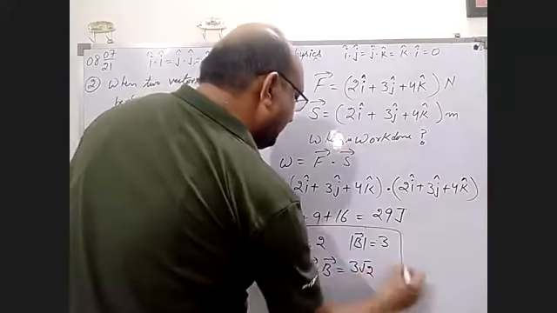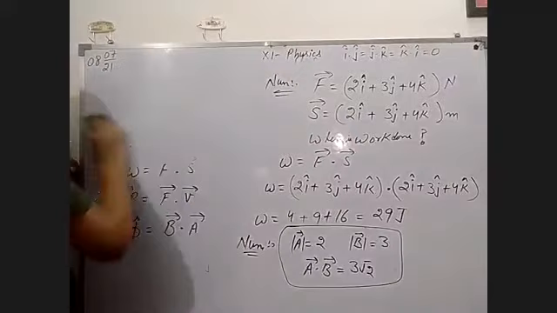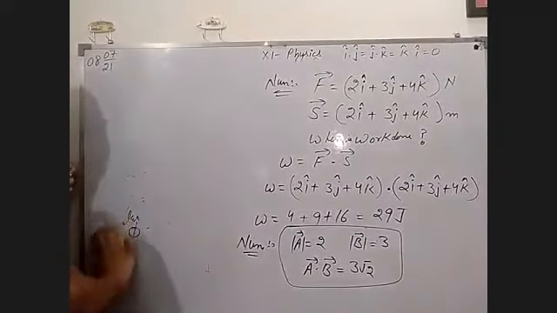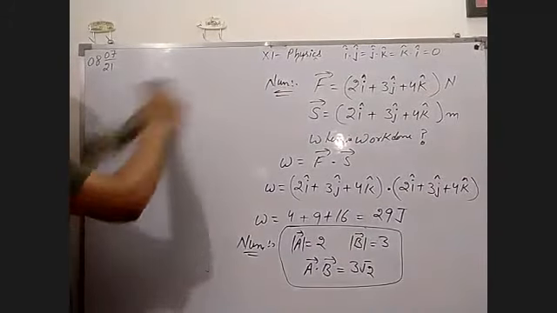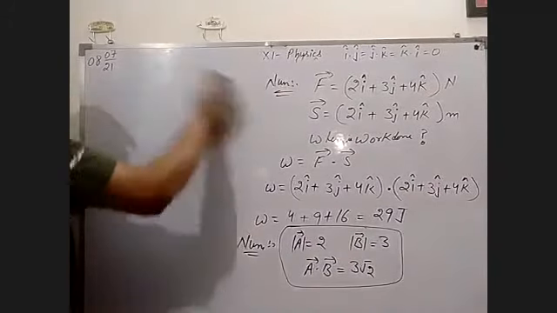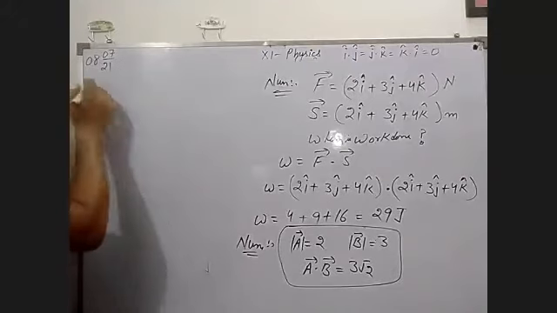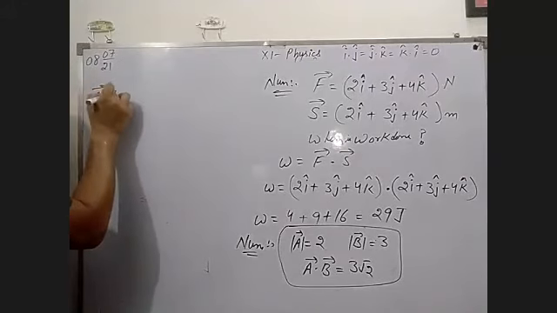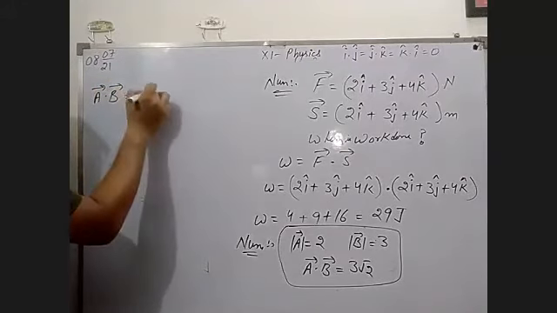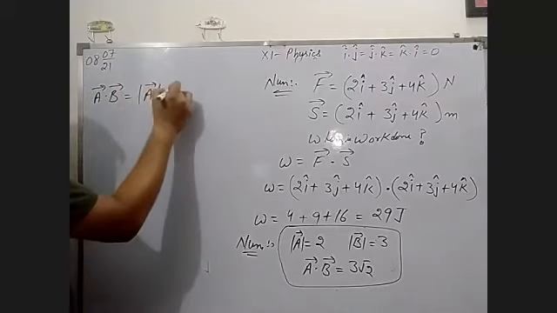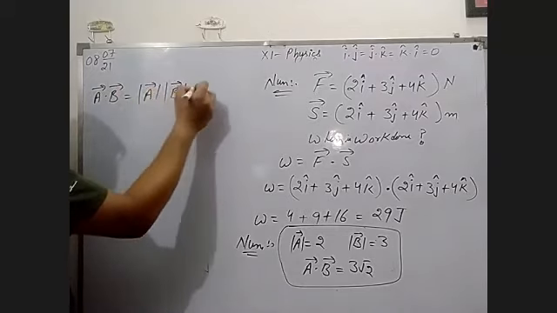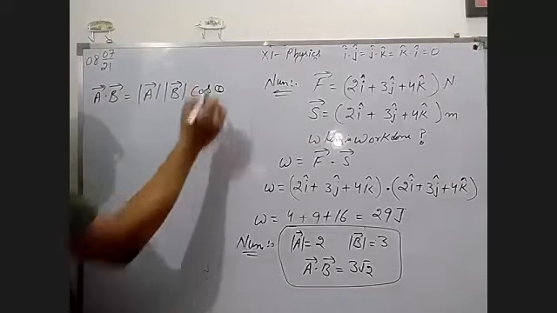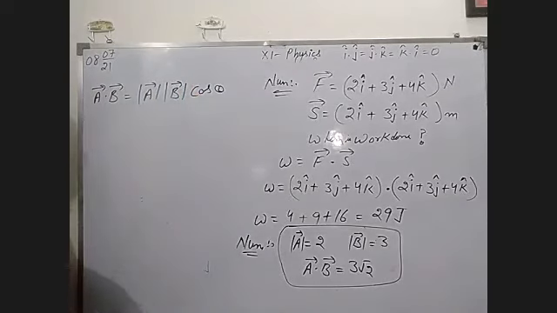Now, find the angle between these two vectors, A and B. We know that vector A dot vector B can be written as vector A magnitude, vector B magnitude, cosine of the angle in between.